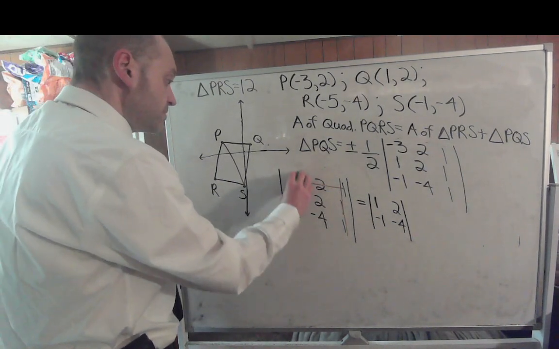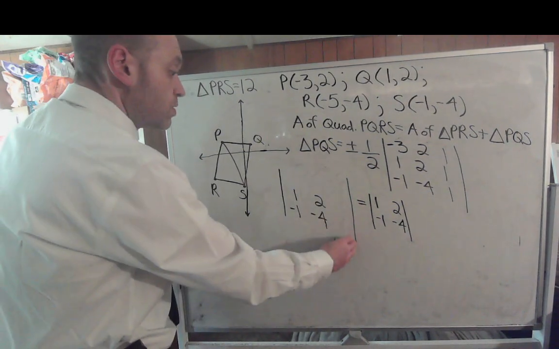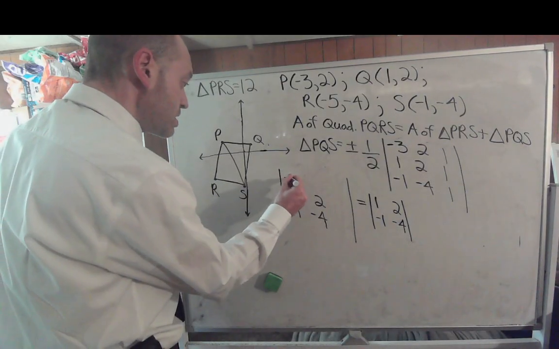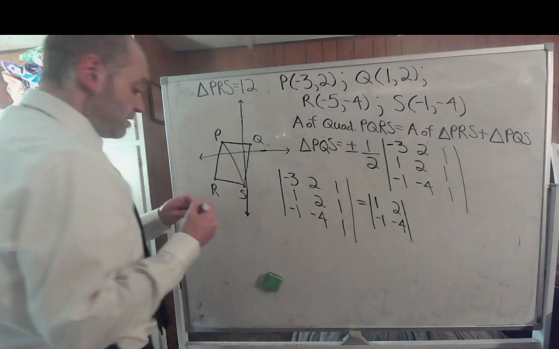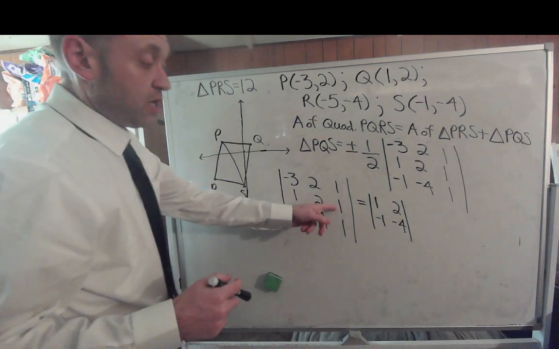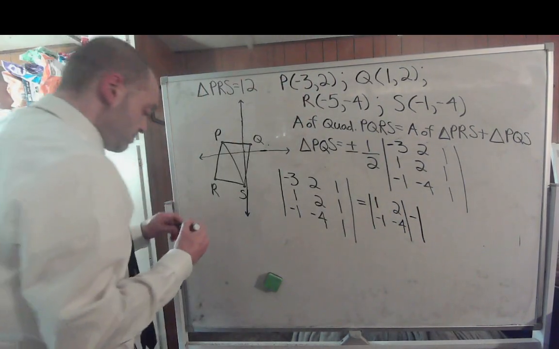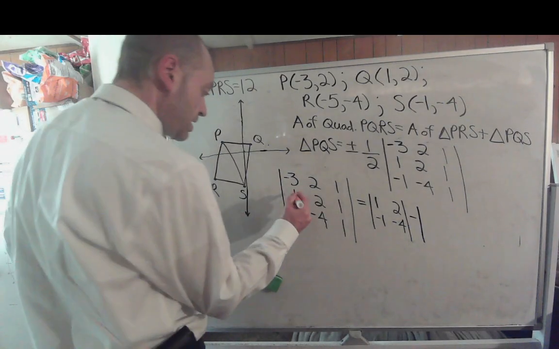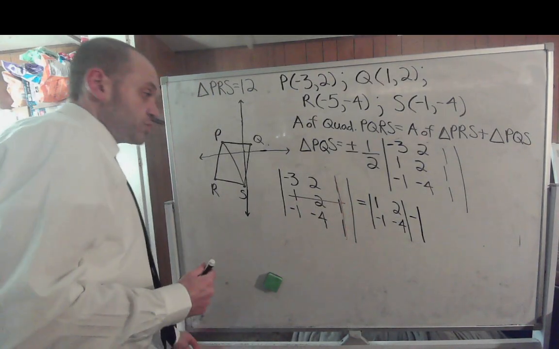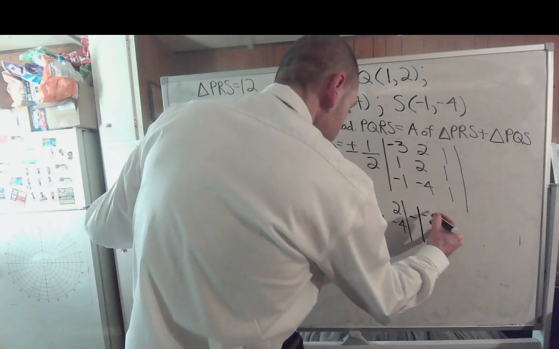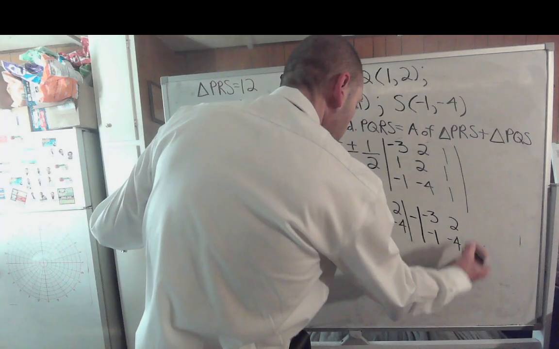Now the second entry in the third column, that's going to be minus that 1 times the resulting determinant. When we strike out the row and column where it occurs, you end up getting -3, 2, -1, -4.